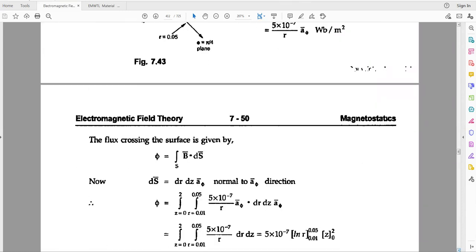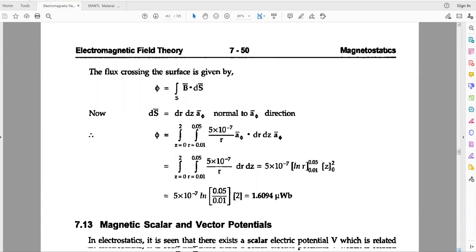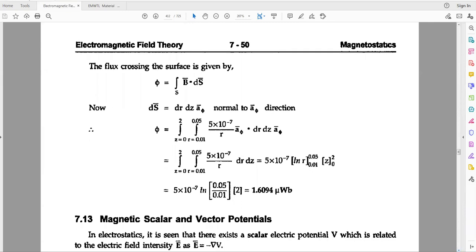We need to find the flux by using Gauss law. Phi is equal to the integral of B bar dot ds bar. What is B bar? It is in the phi direction. So B bar is 5 into 10 to the power of minus 7 by R into A phi bar.